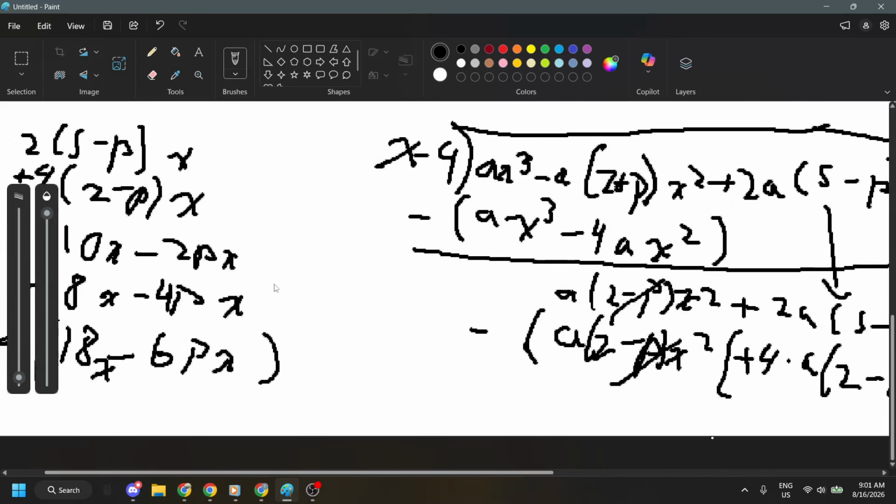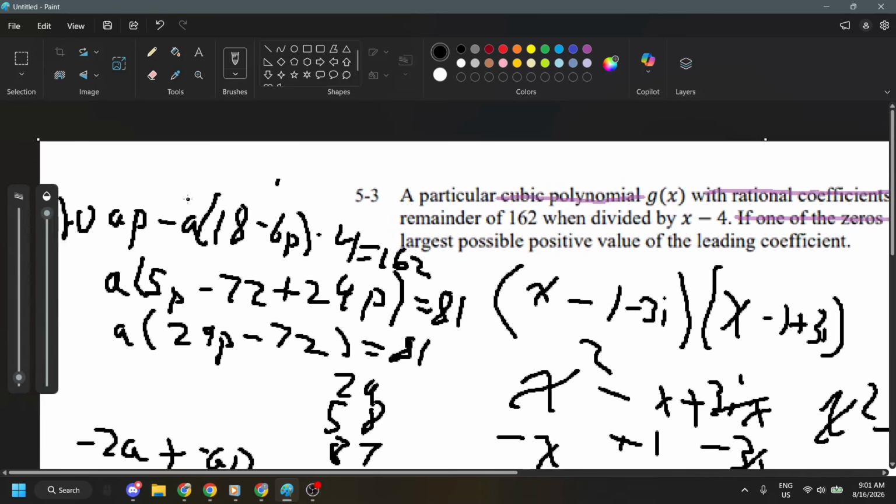I think I made a mistake. It's going to be plus here. Okay. So that makes this a plus and this a minus. So that reconfigures the whole thing.